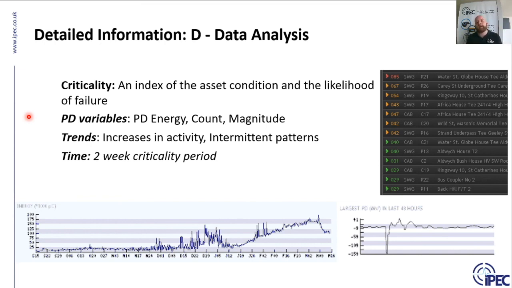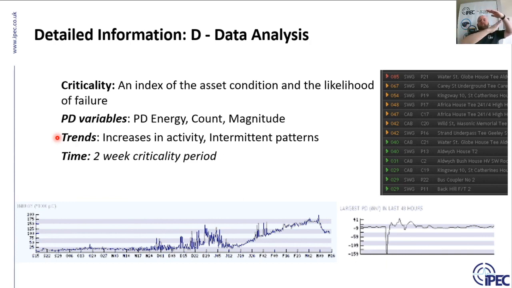And so the criticality algorithm scores all of the cables in a score between 0 and 100, depending on the severity of signal it sees, and more importantly, depending on the trends of data. So it depends on how the data is changing over time. So for example, if you see a very high PD, it may be very consistent, whereas you may see a low PD that increases very rapidly.